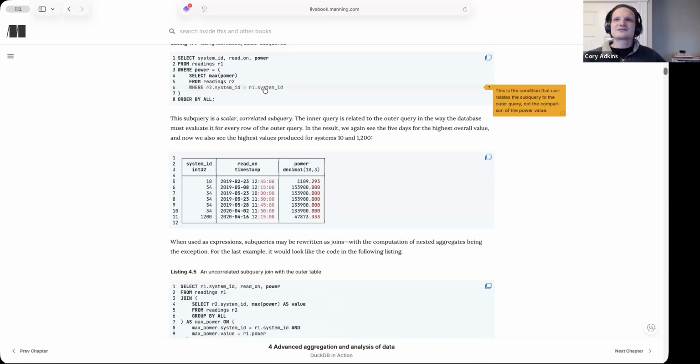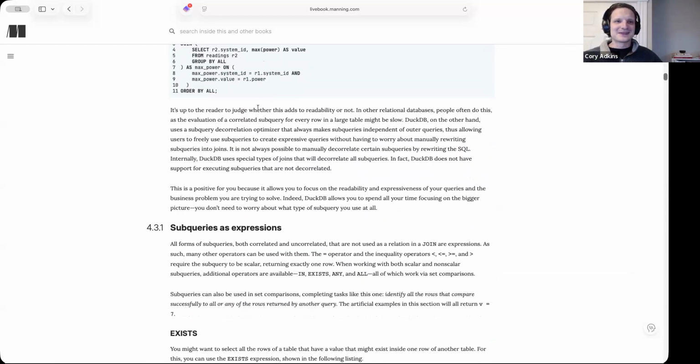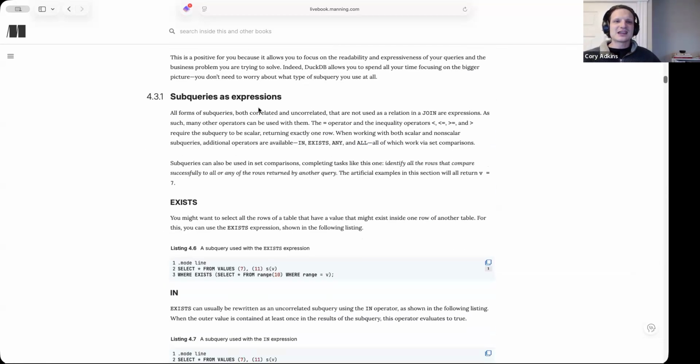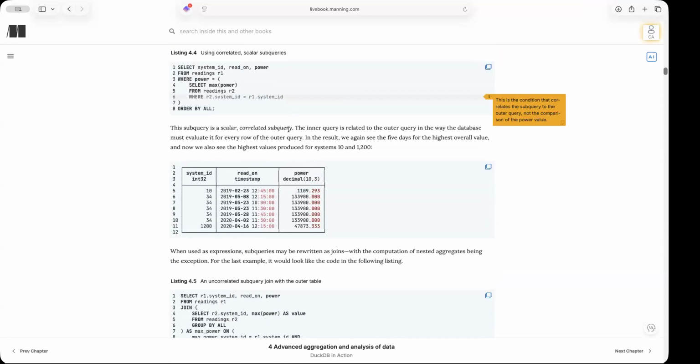But I have to admit I don't really understand why you can't do this without a subquery. Perhaps I'll leave that as an exercise to us readers. I think here it's because it can only look at one row at a time.